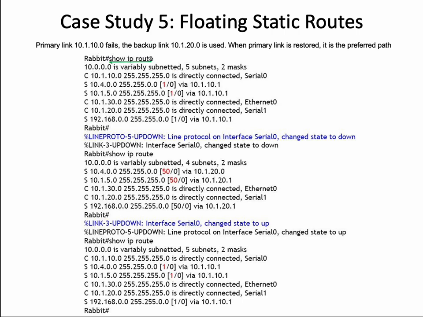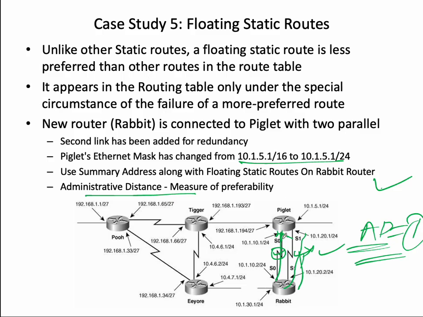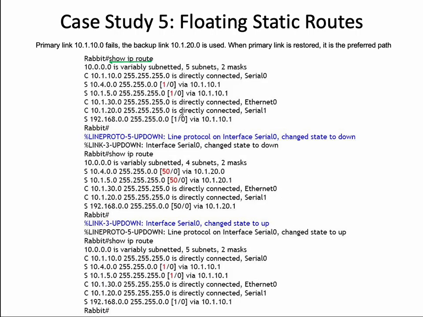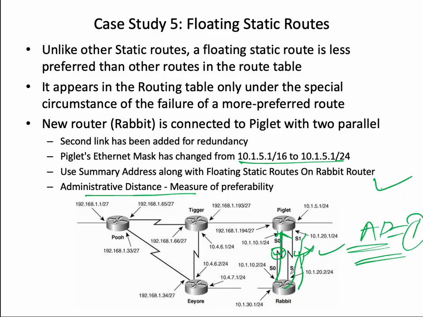And now let's take a look here, right? This is Piglet and Rabbit. Now in Rabbit here, you see these two are directly connected via serial 0. Let me clear this out.